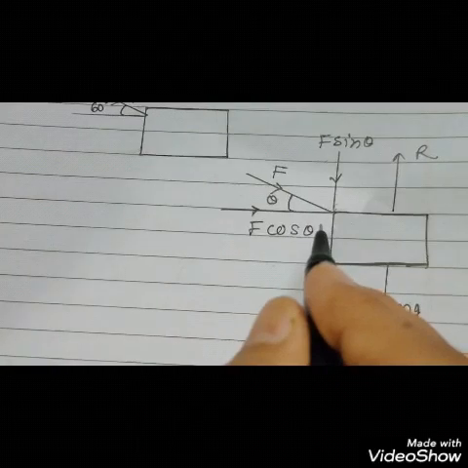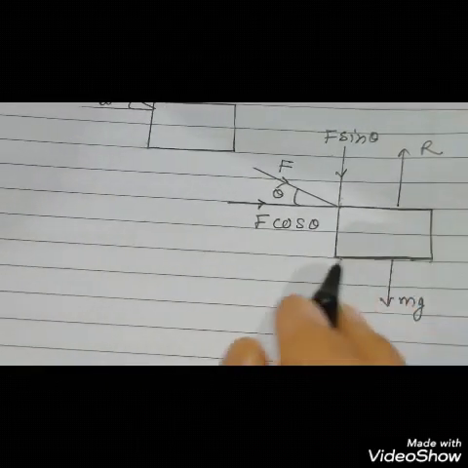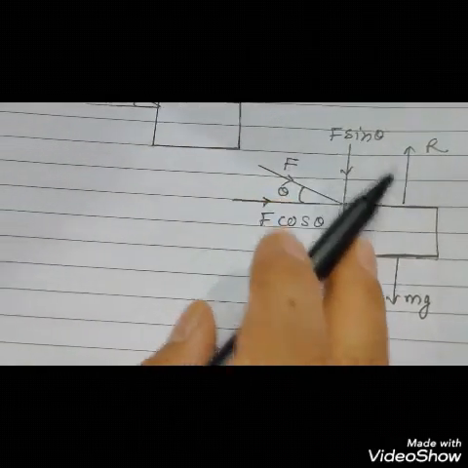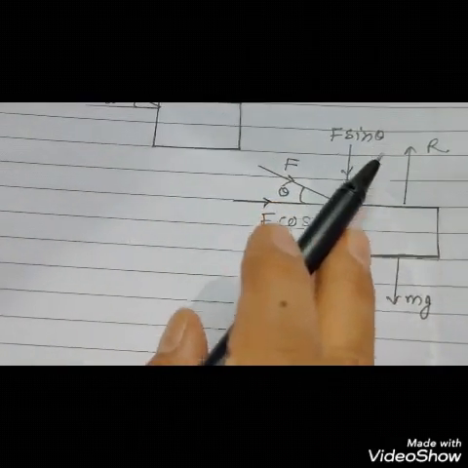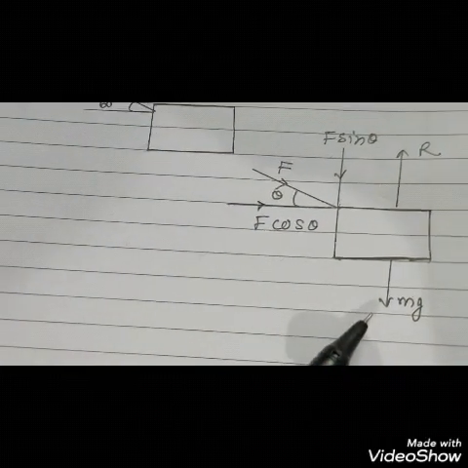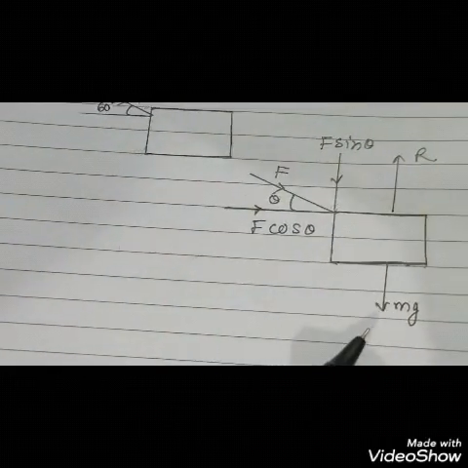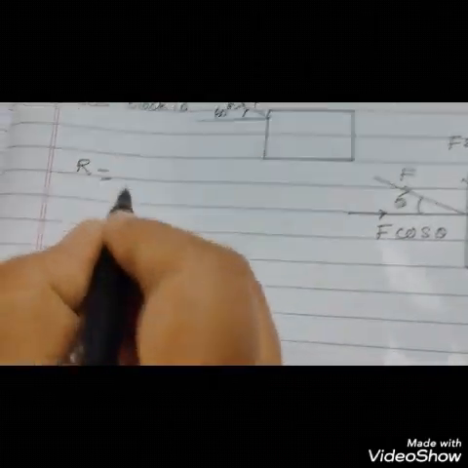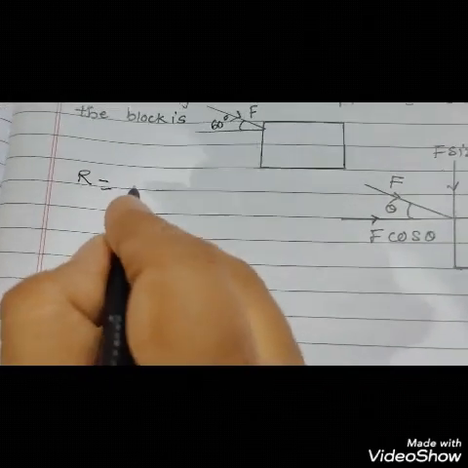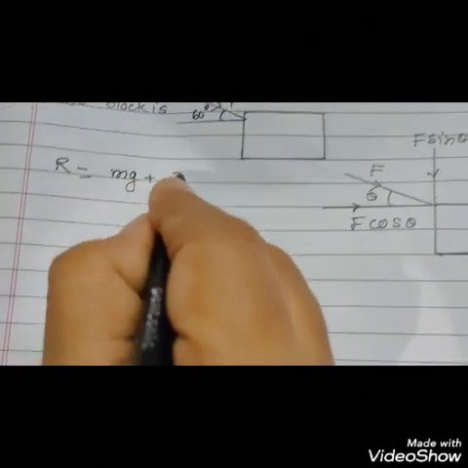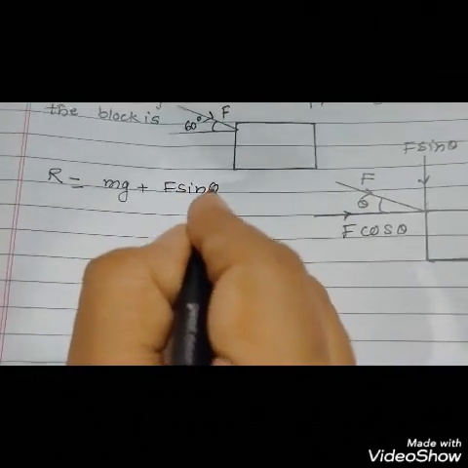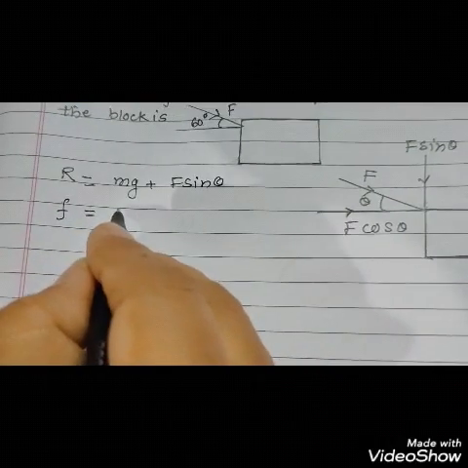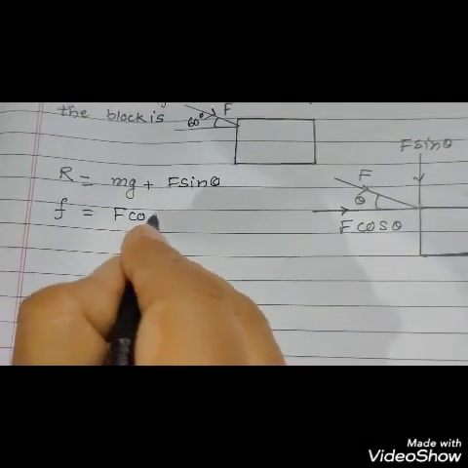Now you will find that this R, which is working in the perpendicular upward direction, will be balanced by the two forces, mg downward and F sin theta downward. So we will write here the reaction force R equal to mg plus F sin theta. And we know that the friction force is provided by F cos theta.